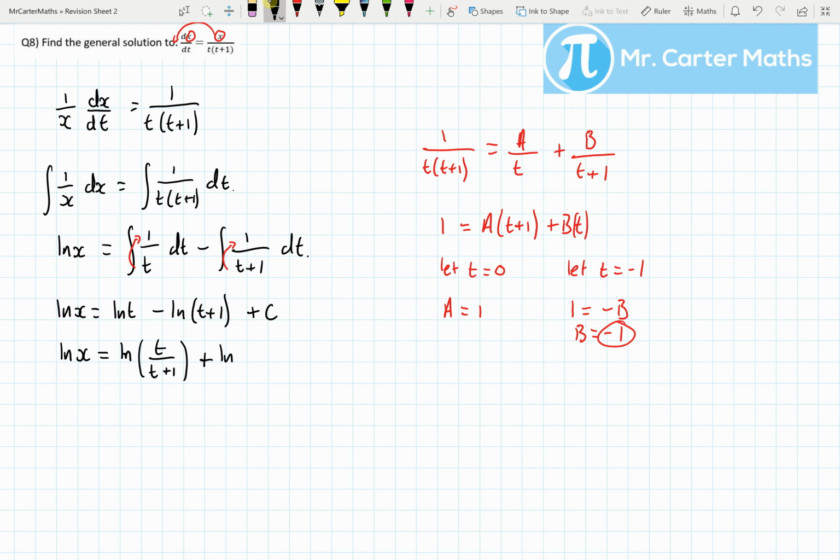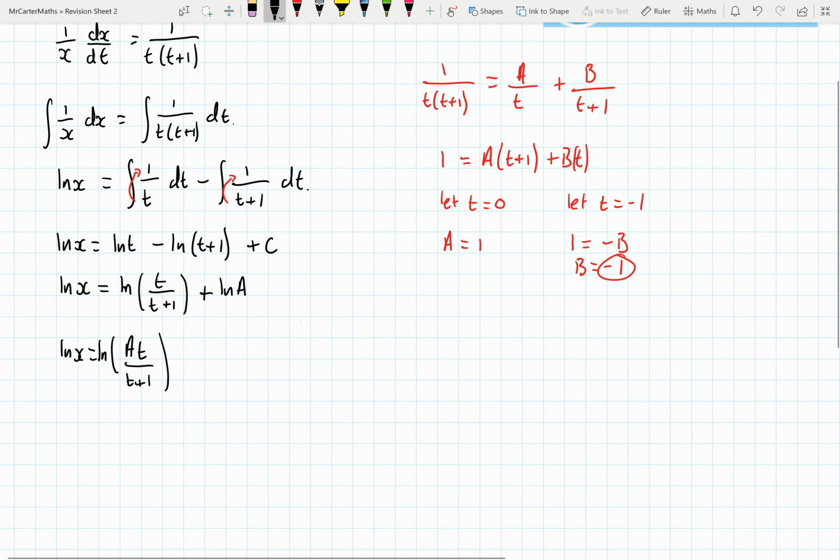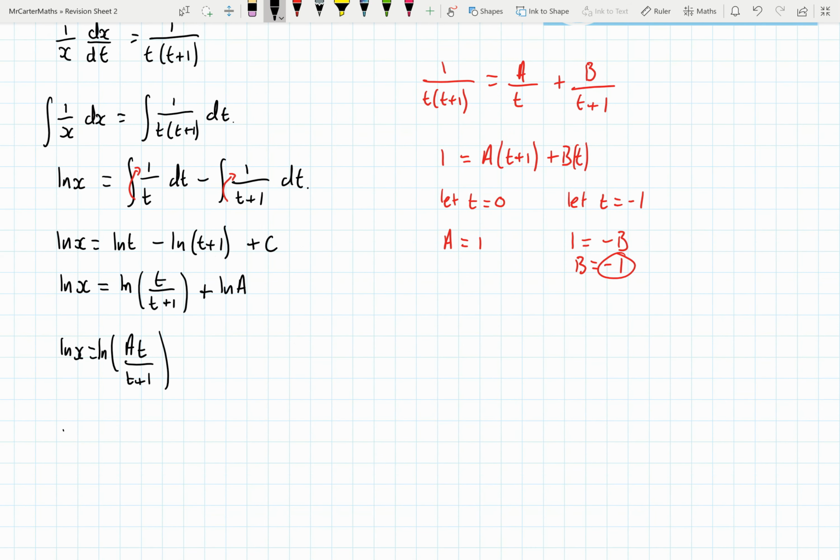So I'm going to write ln A, which leads me to ln x equals ln of A times t over t plus 1. And now it's tempting to remove my log, so I could exponentiate both sides and say x equals A multiplied by t over t plus 1.